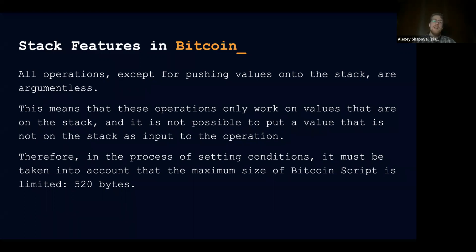This is done in order to protect the nodes from being overloaded with calculations, basically from draining their calculating power. And the reason we have 520 bytes is that this is the maximum number of bytes necessary to specify coin spending conditions with multi-signature that has 15 public keys.